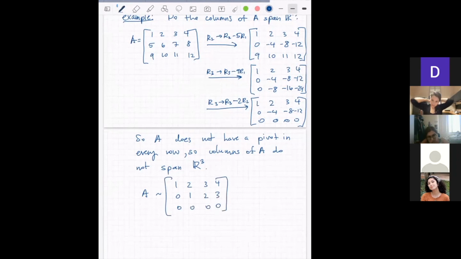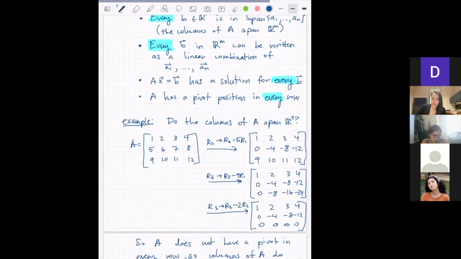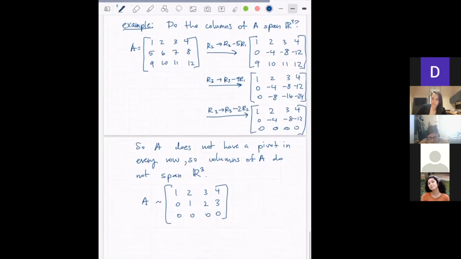In this example, we already said it doesn't have a pivot in every row, so it does not span R3, right? So does that mean every vector B cannot be written as a linear combination of these vectors?